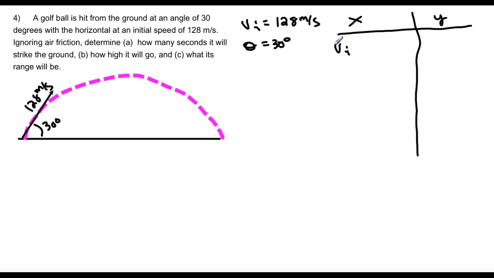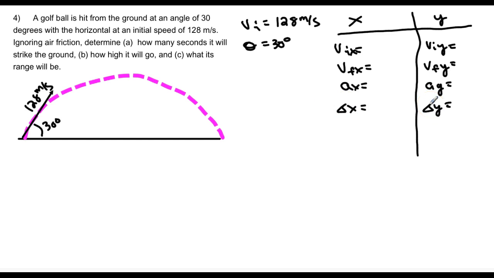So I've got VIX, VIY. You could have final velocity, so final velocity in the X direction, final velocity in the Y direction. You can have acceleration in the X, acceleration in the Y, delta X, delta Y, and delta T.